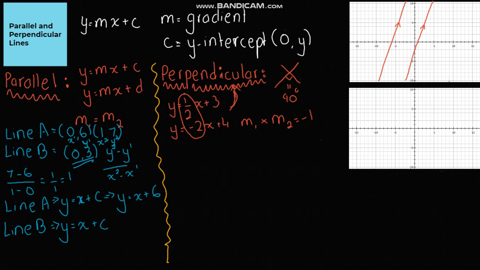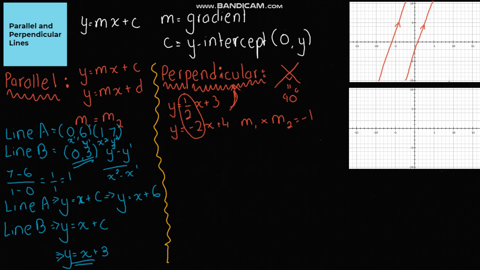Since x is equal to 0 and y is a non-zero number, it's a y-intercept, and you take the non-zero number, which is the 3, and add it. Therefore, line B is y is equal to x plus 3. So that's a typical question which you can get about parallel lines. Now let's move on to perpendicular.